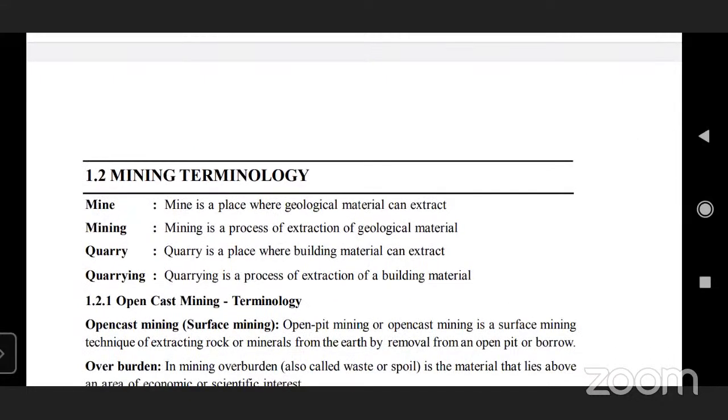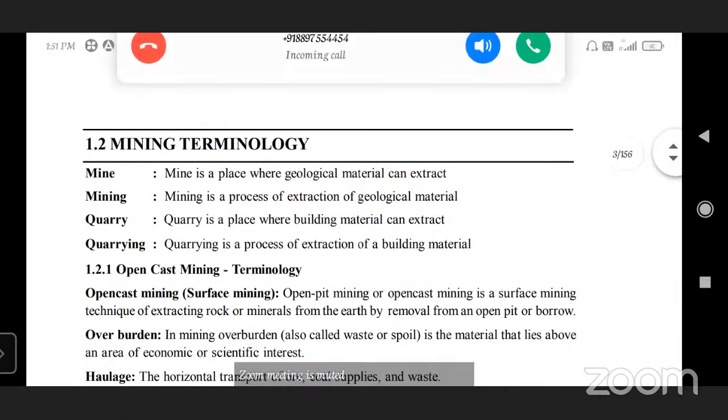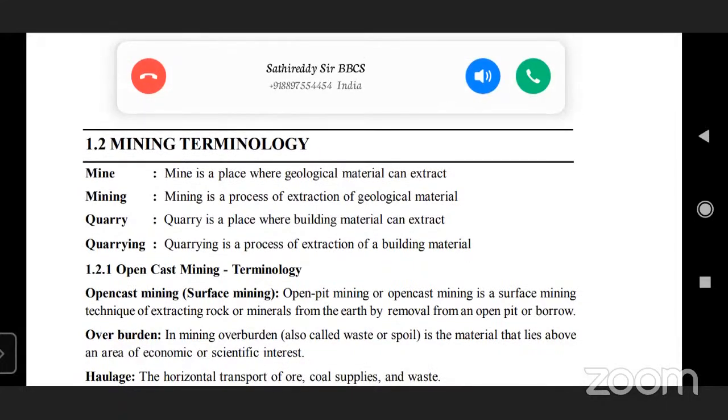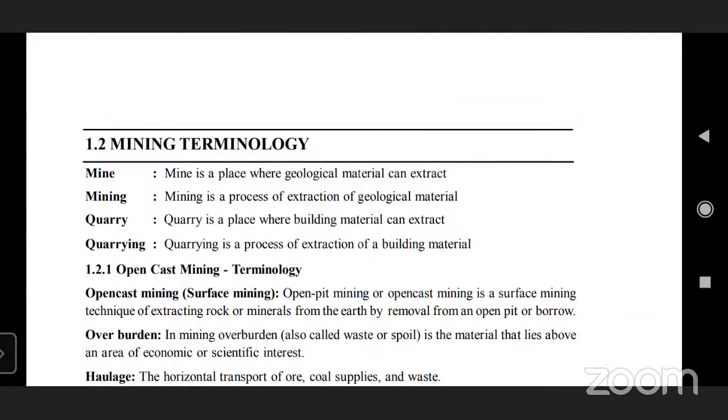Then coming to mining terminology. Construction of building materials.